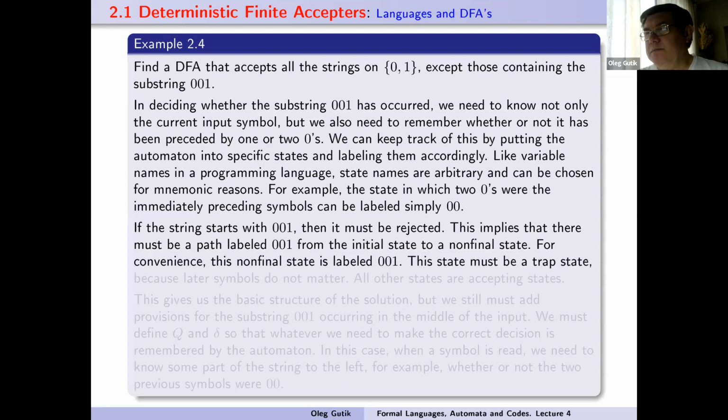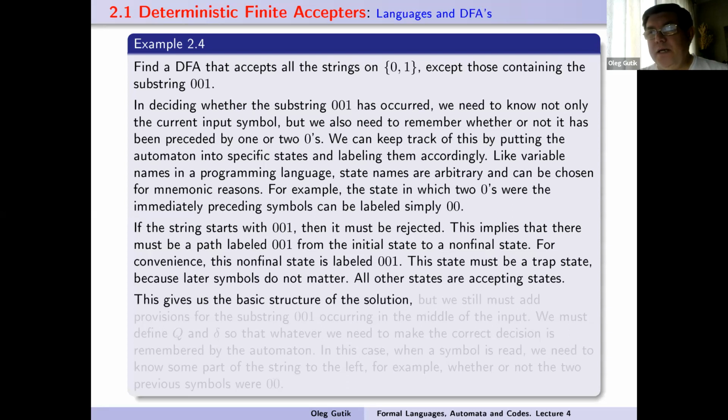This state must be a trap state, because later symbols do not matter. All other states are accepting states. This gives us the basic structure of the solution, but we still must add provision for the substring 001 occurring in the middle of the input.